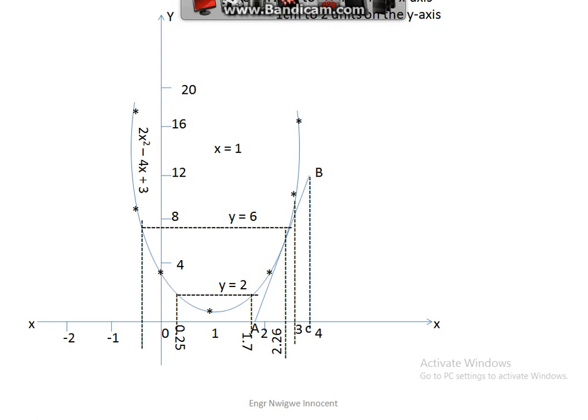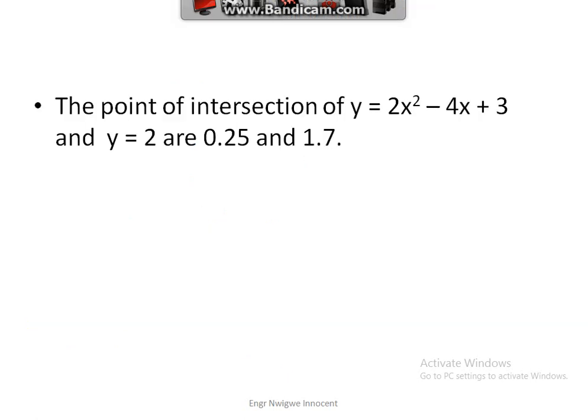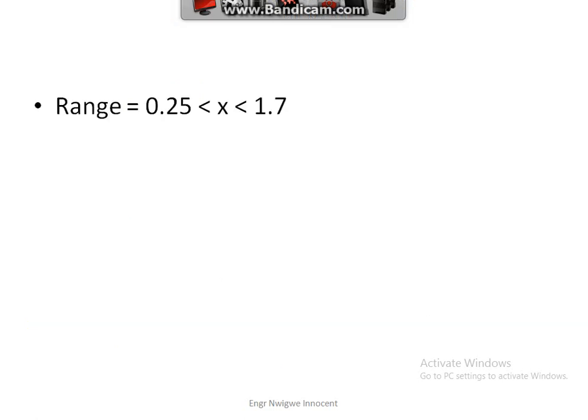We now have, from the 2 points where the line meet, 0.25 and then 1.7. Therefore, the range is 0.25 less than x less than 1.7.